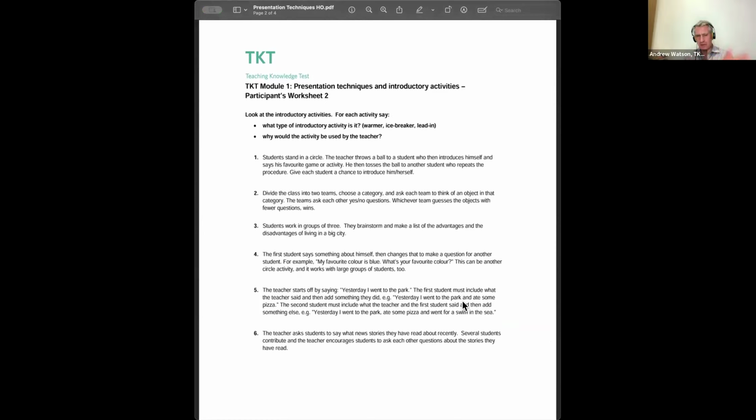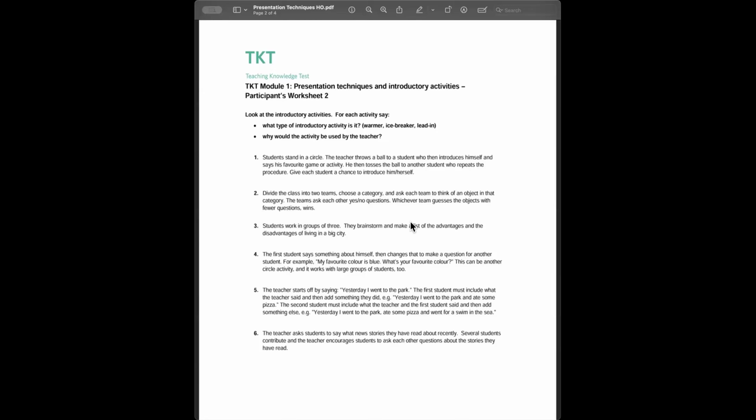All right. And the first one, what would that be? Was that a warmer, icebreaker or lead-in? We agree that that is an icebreaker. Okay. Why? Well, because it is this kind of circle activity, right? Where everyone has a place to participate. And get to know each other by telling each other their names, right? What about number two? What did you have for that?